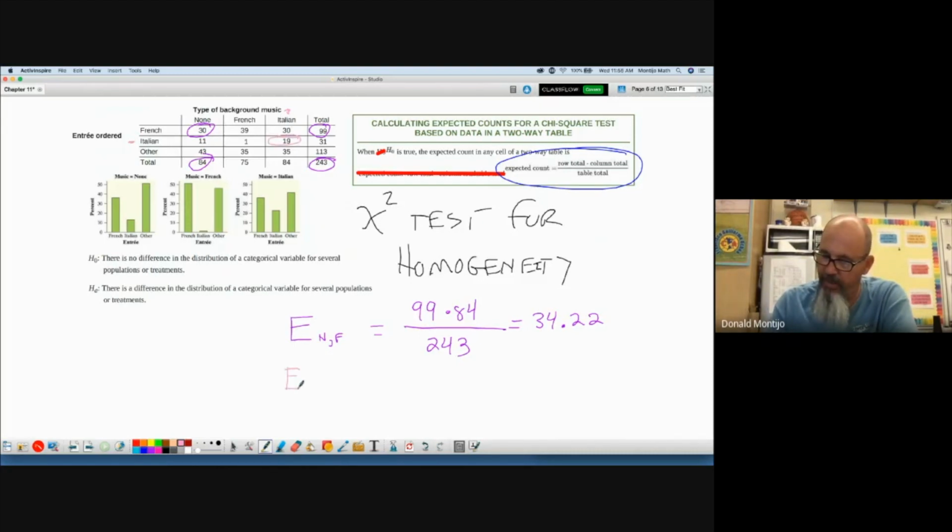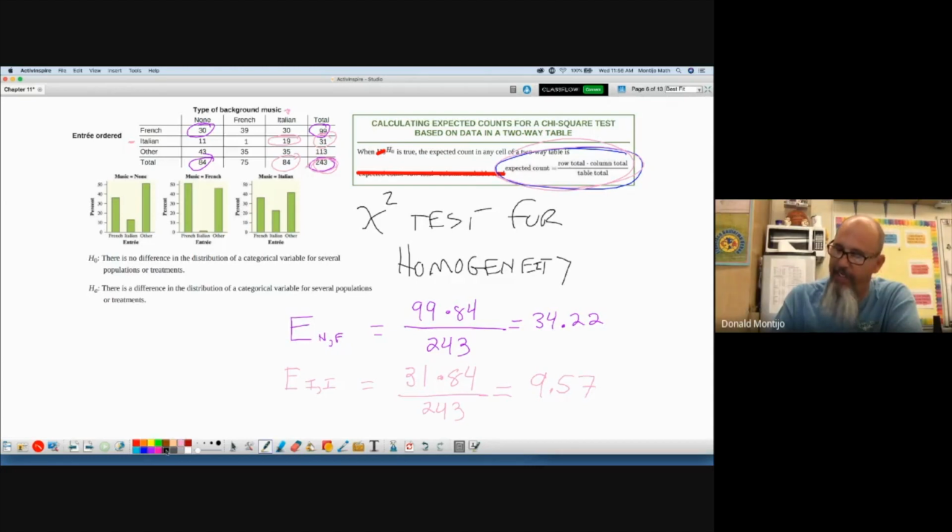So expected for Italian is the row total, 31, times the column total, 84, divided by the table total, 243. So I would expect there to be 9.57 entrees, or 9.57 people who ordered that.